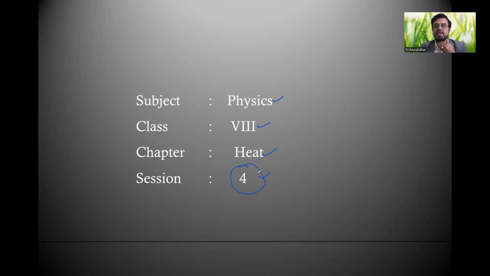So far we completed 3 sessions, understanding what is heat, what is temperature, and some properties, and you have seen the difference between heat and temperature.